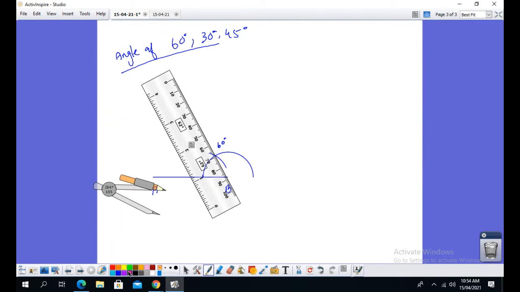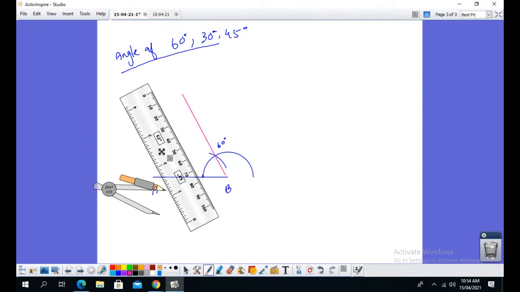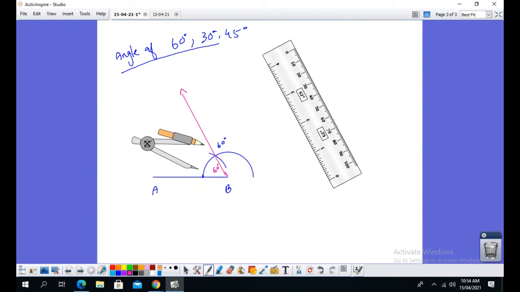Now we have to draw a line segment. This is of 60 degree. Now from 60 degree we have to draw angle of 30 degree. For 30 degree we again place the compass over here.